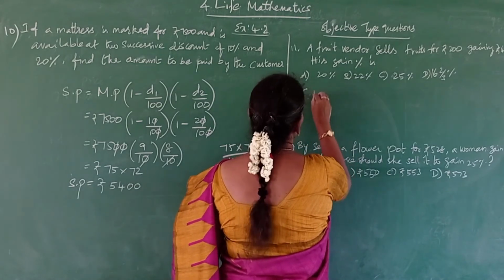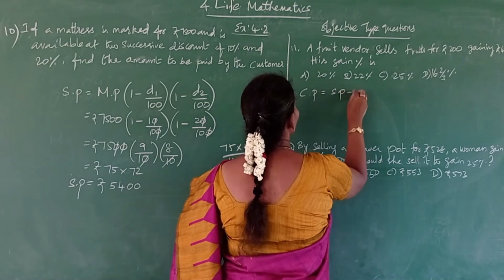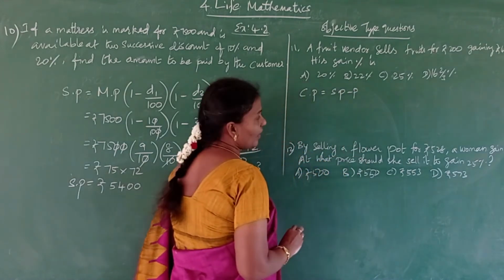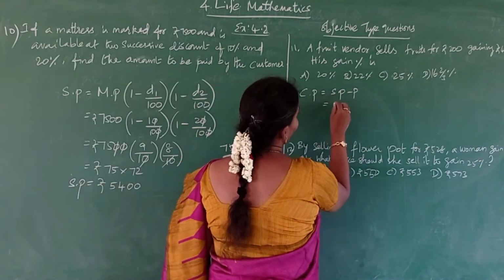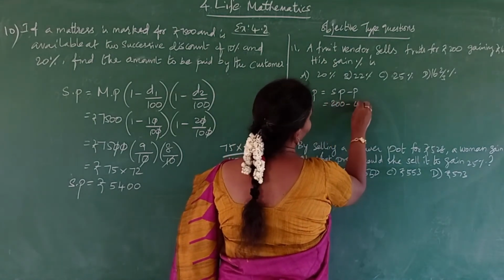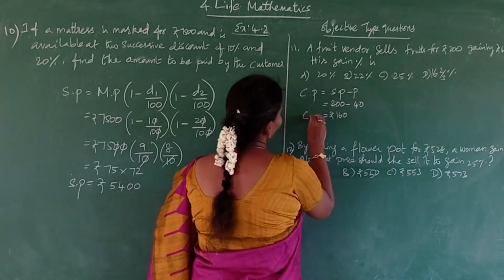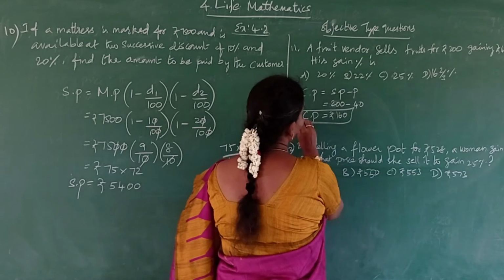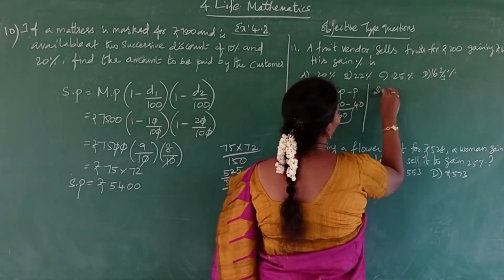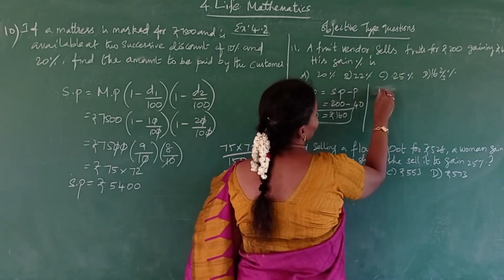See, CP is equal to, cost price is equal to selling price minus profit. Okay. So selling price minus profit means what is the selling price? Rupees 200. 200 minus 40. So that is rupees 160. Okay. This is the cost price. Okay. Now find out the gain percentage.